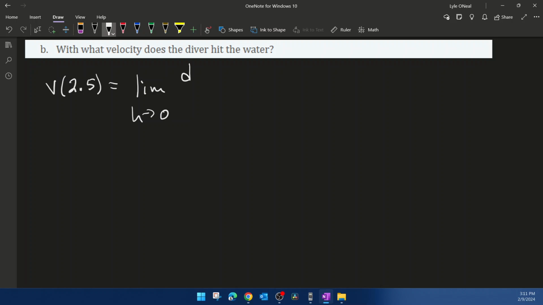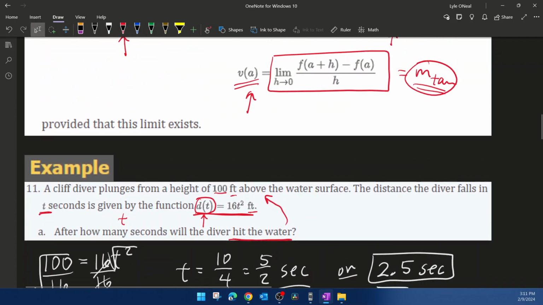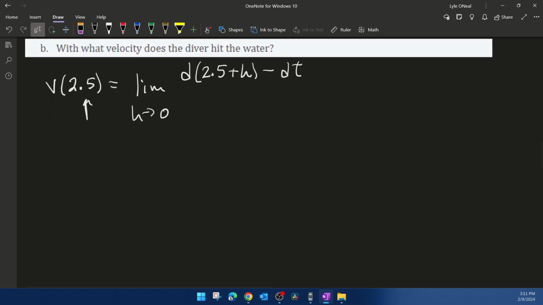Remember, f in this case is d, and a in this case is 2.5. So d of 2.5 plus h minus d of a, which is 2.5, all over h. And we're going to need to simplify this expression. Hopefully we can eliminate the h in the denominator so that we can evaluate the limit with direct substitution.